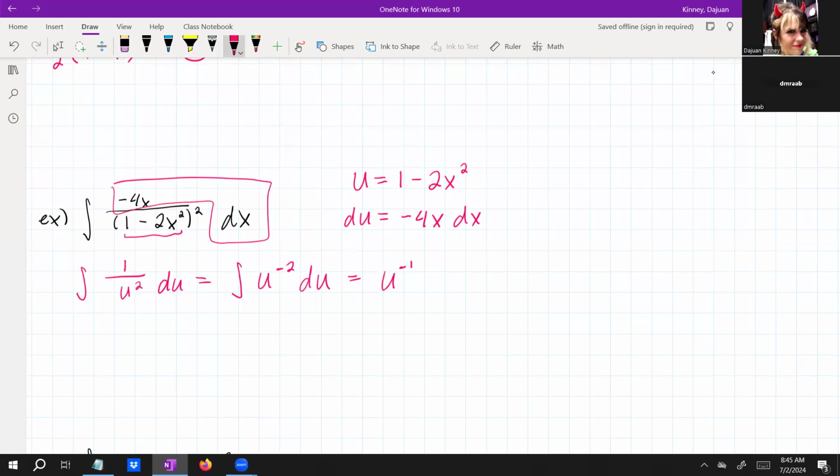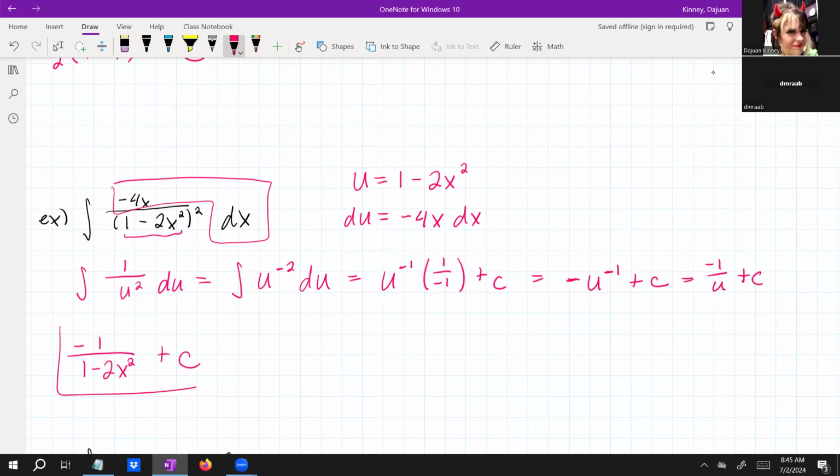U to the negative 1 times 1 over negative 1 plus c, which is just negative u to the negative 1 plus c. I can rewrite once more. Final step, plug your u back in. And you're done.